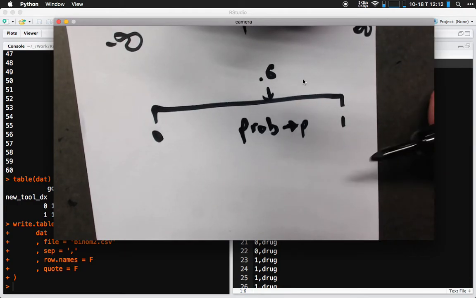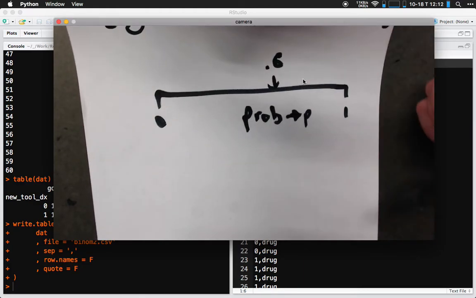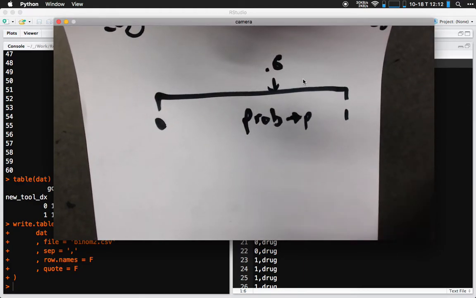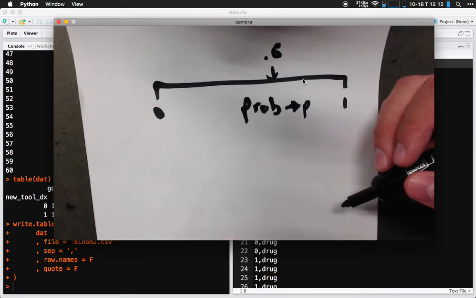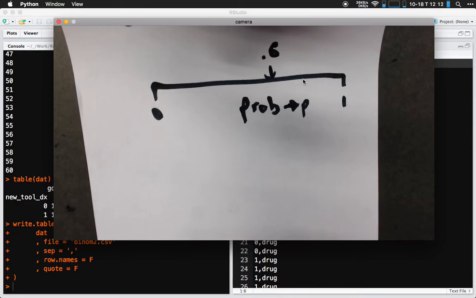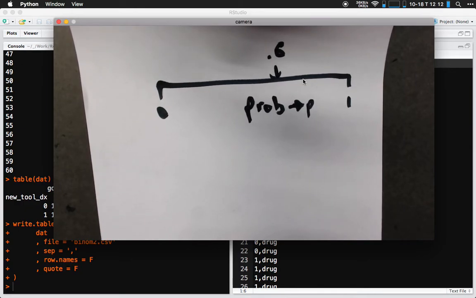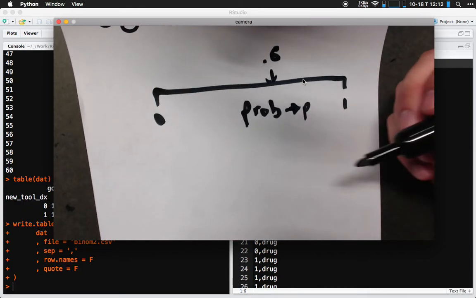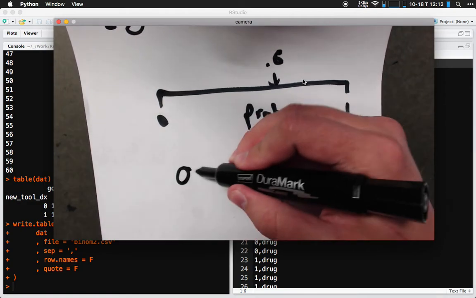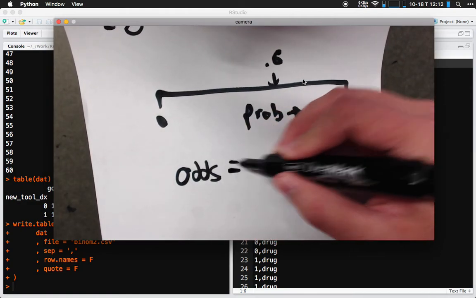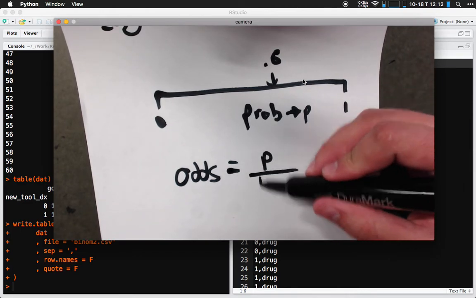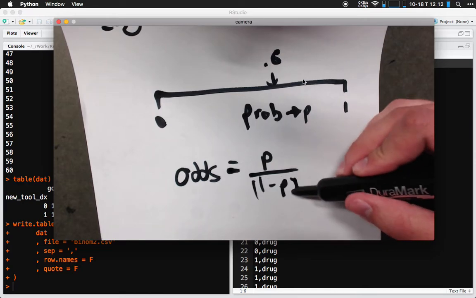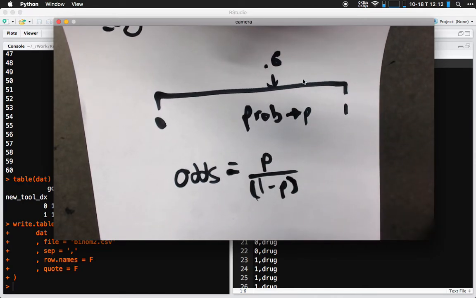When you go to the racetrack, which I'm sure you all do, you can talk about what the odds are associated with given bets or given winning. So what are the odds? Usually it's something in something, some sort of ratio of two things. So odds is equal to the probability divided by the remainder of the probability.